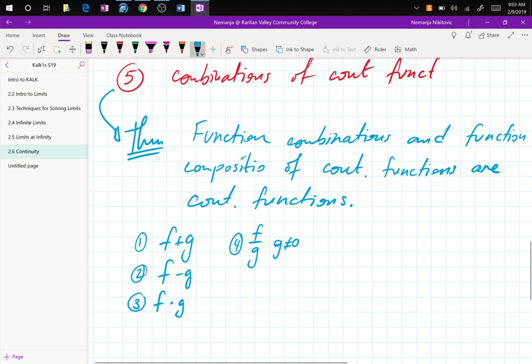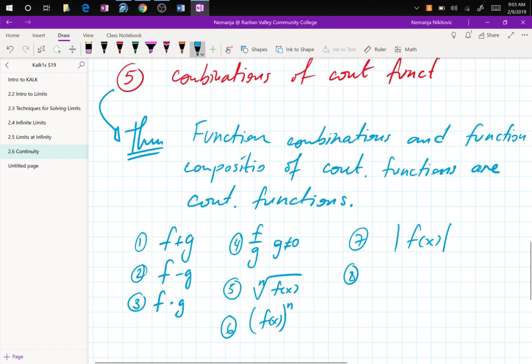Then we have the nth root of f of x, and absolute value of f of x. If f of x is continuous, absolute value is continuous. And then finally, function composition, which is f of g or g of f. That's a function composition.